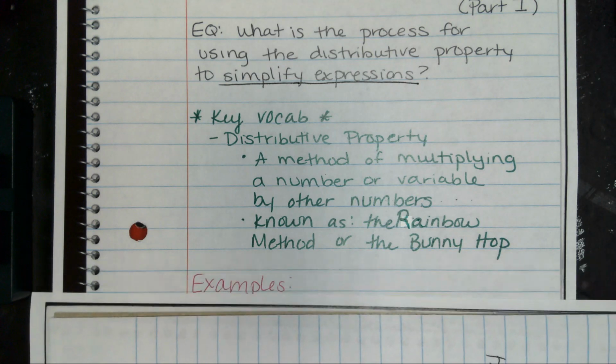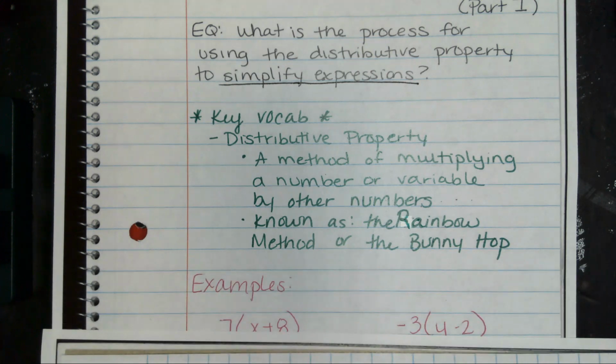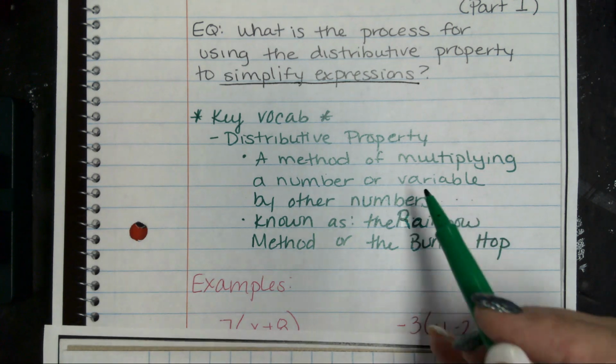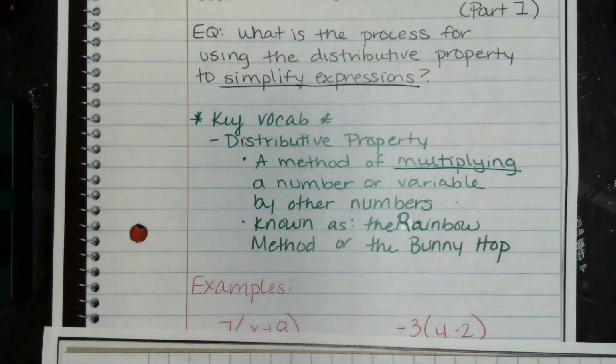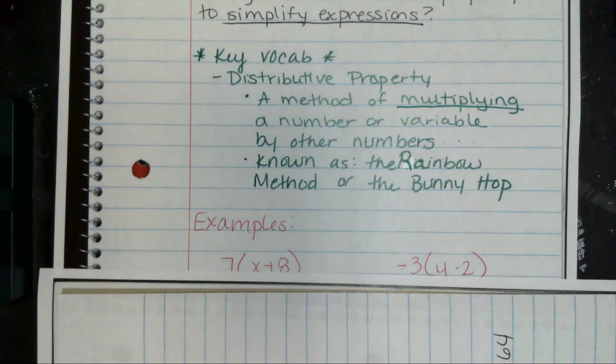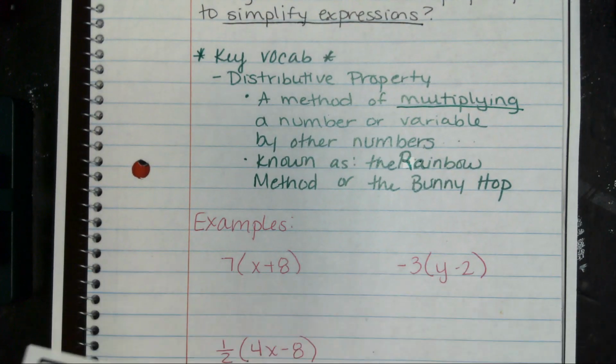Now, the easiest way for us to review this is to simply do some examples. Our key word here that we want to pay attention to is multiplying. So when we see the distributive method, it's going to be a number or a variable on the outside of a group of parentheses, and we are going to have to multiply or distribute that number to everything else that's inside.